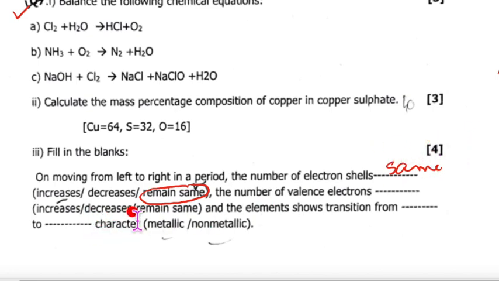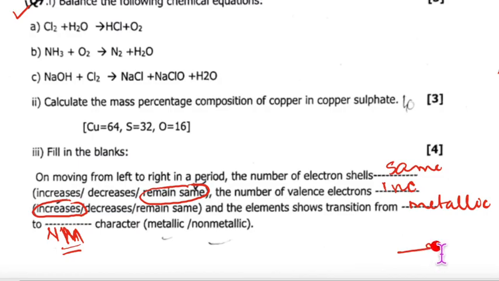So they will be increasing by 1 each time. And the elements show transition from metallic to non-metallic. Okay, so now that we understood this, this was the last question.